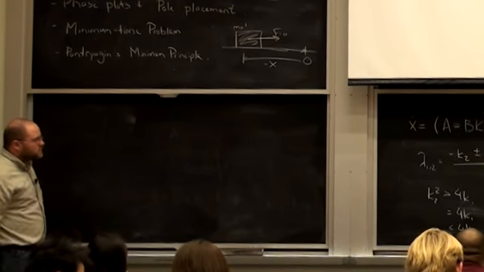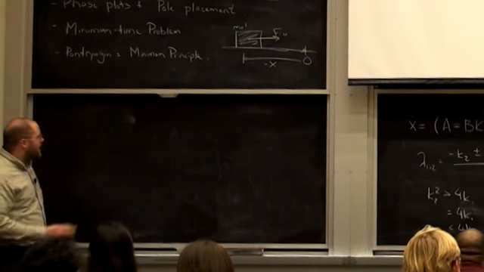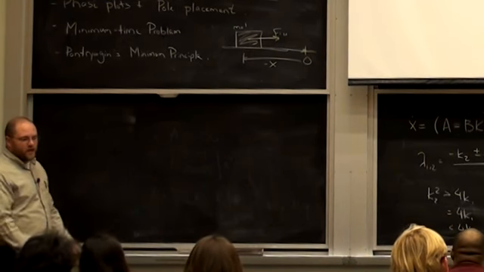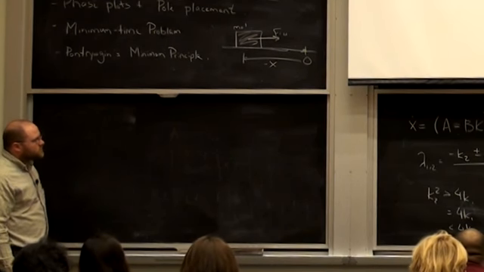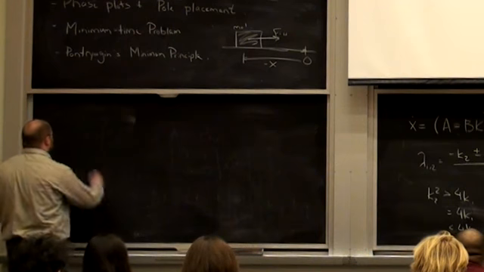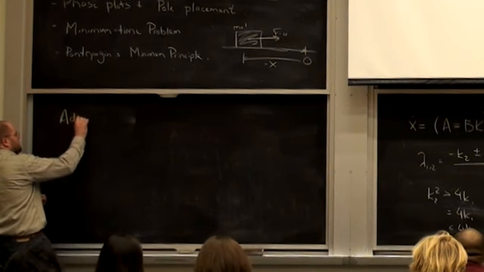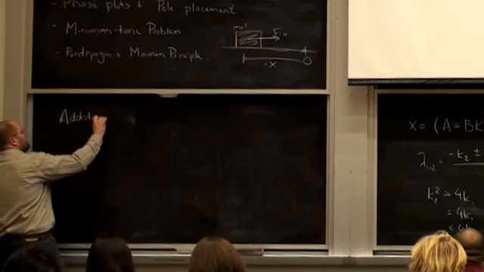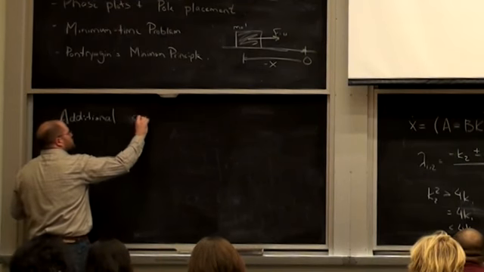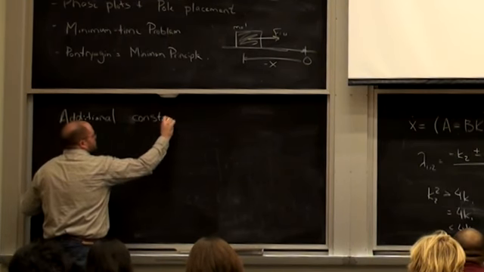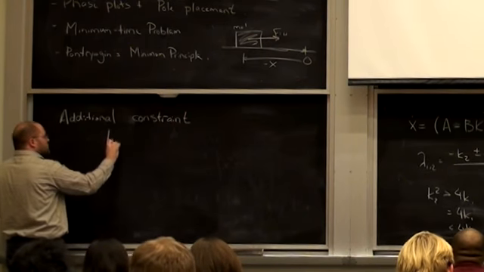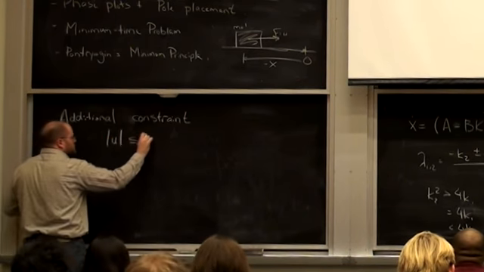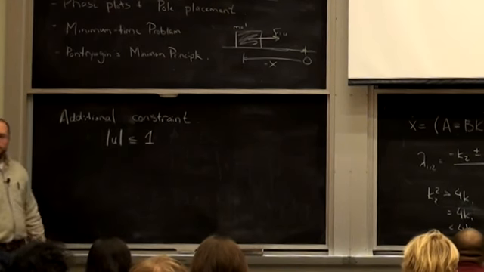Okay, so now let's say I have a hard constraint on what U I can provide. Let's just say that I have an additional constraint: the absolute value of U has got to be less than 1.